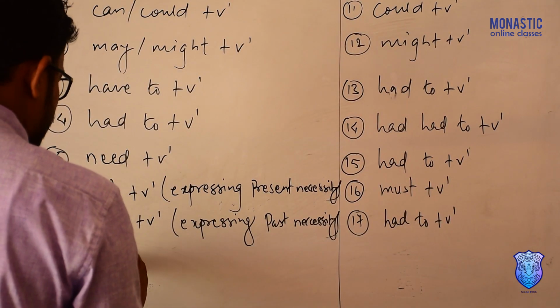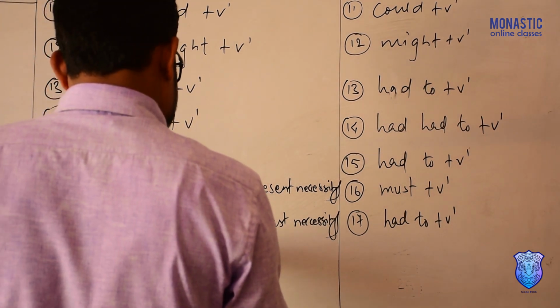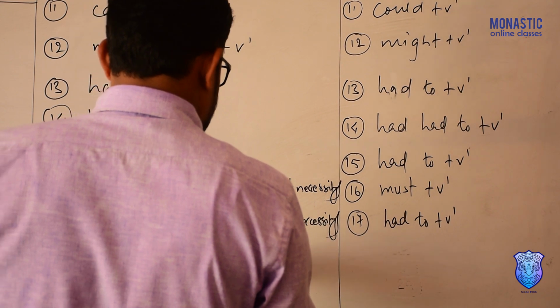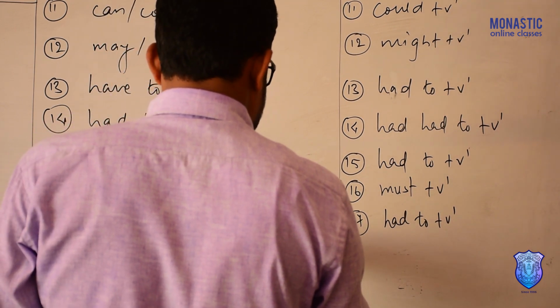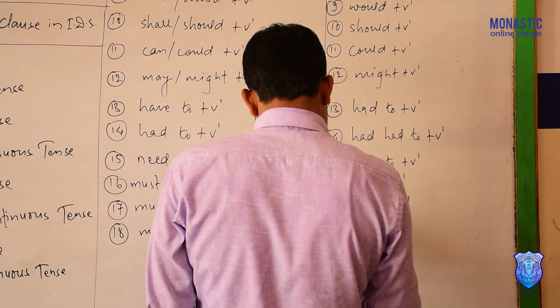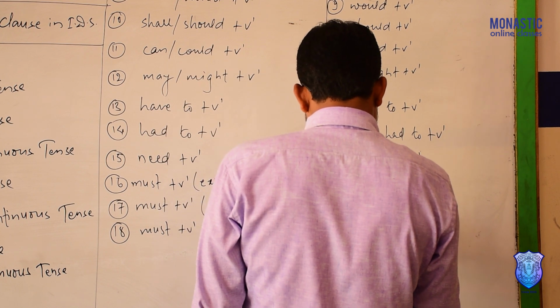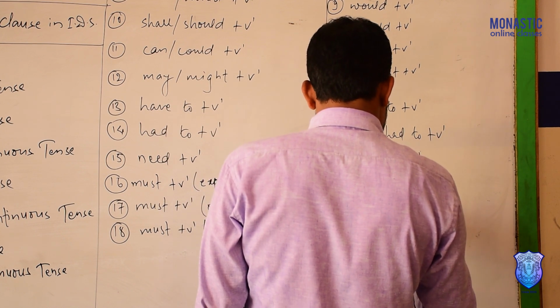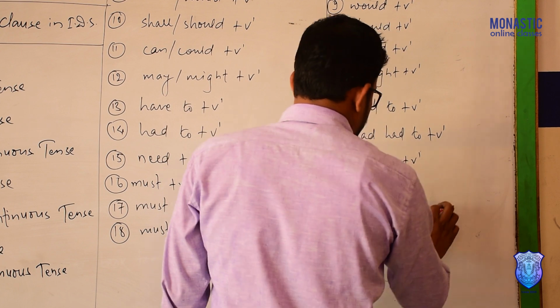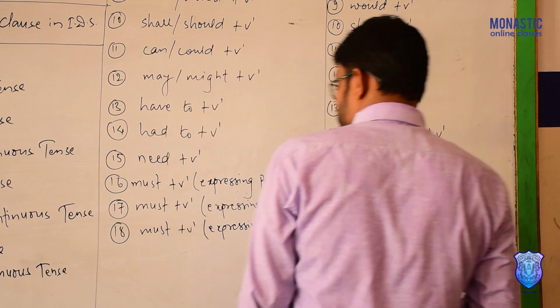When you find that there is must plus V1 expressing future necessity, we can change it into would have to plus V1.